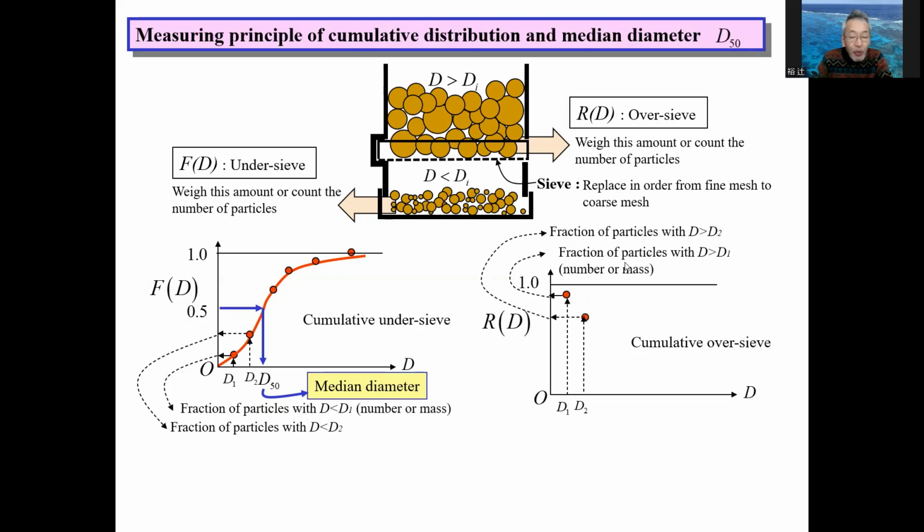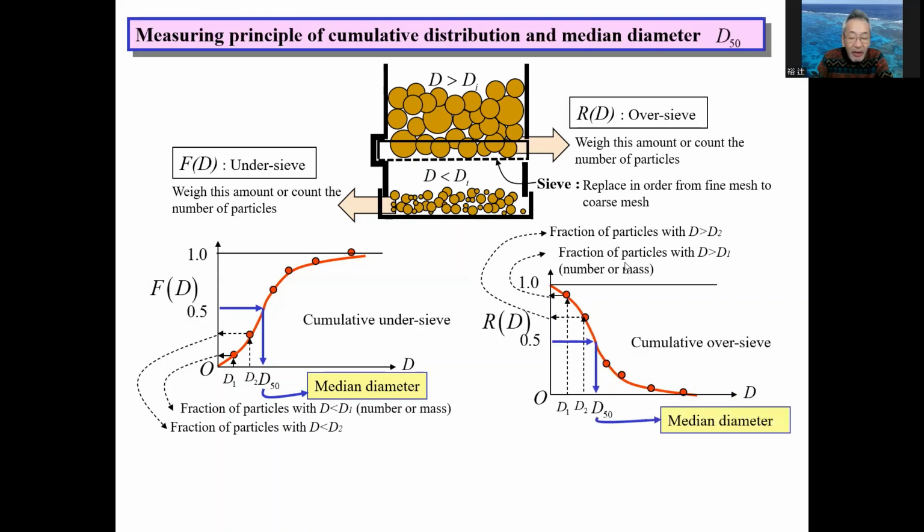When the sieve with slightly larger mesh is used, slightly larger particles fall downward. The particles remaining on the sieve decrease a little. Similarly, the mesh size increases and R is measured. Connecting the plotted points gives the red curve.